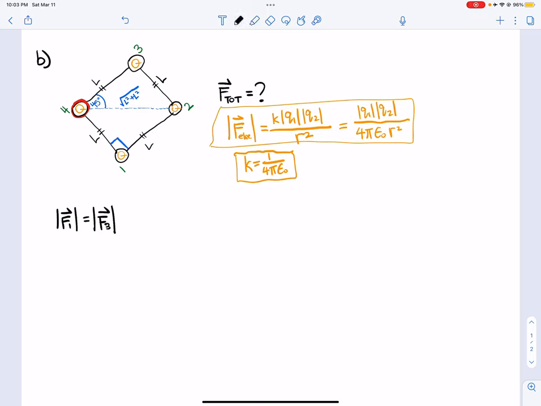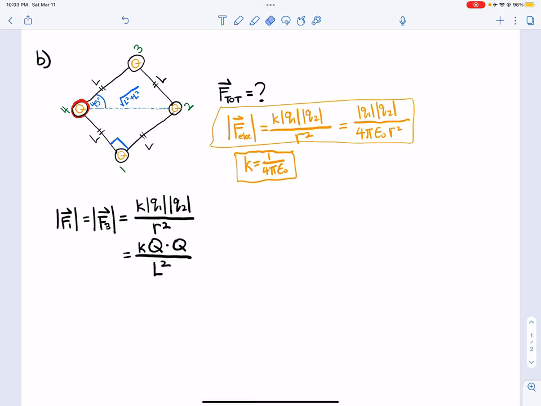Okay, so that would be equal to K Q1 Q2 over R squared, which in this case is equal to K Q times Q over L squared.